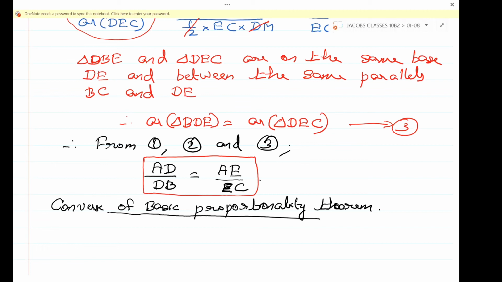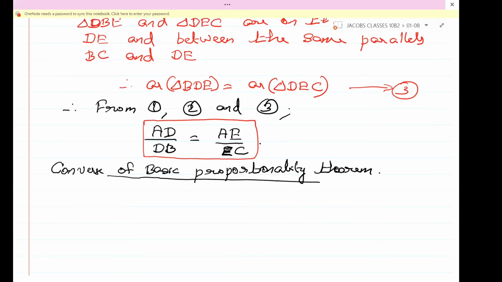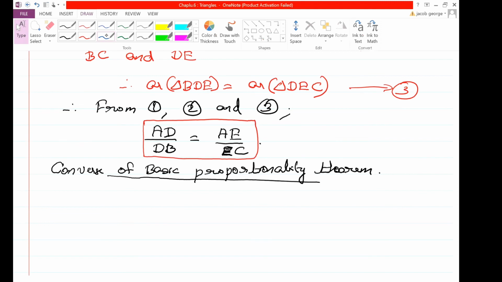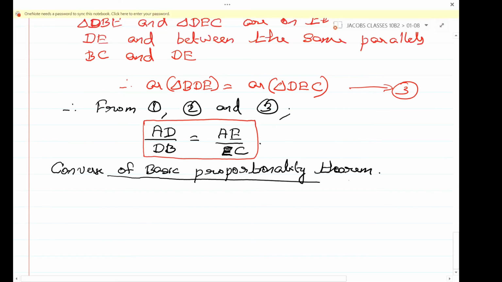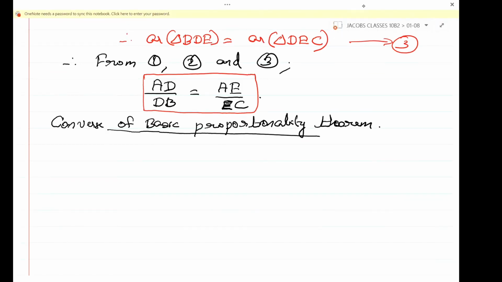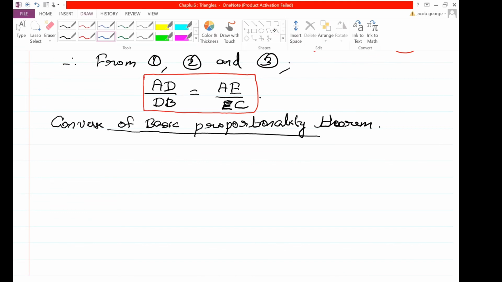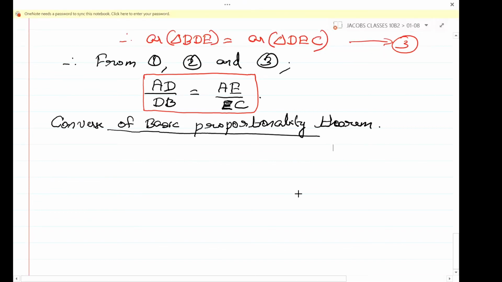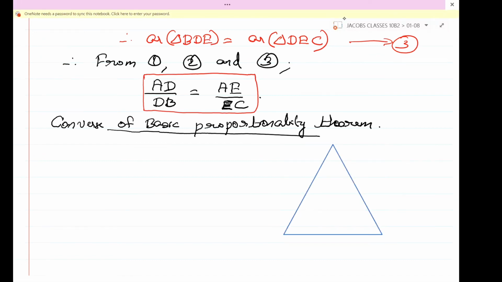See, the converse of the basic proportionality theorem, that statement is like this. If we draw a triangle ABC, and it is given that the sides are proportional.